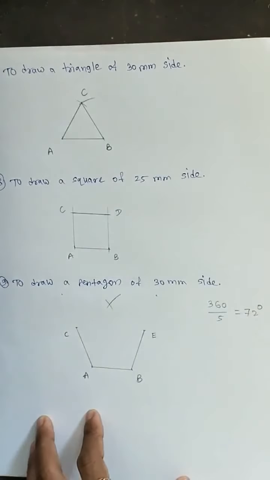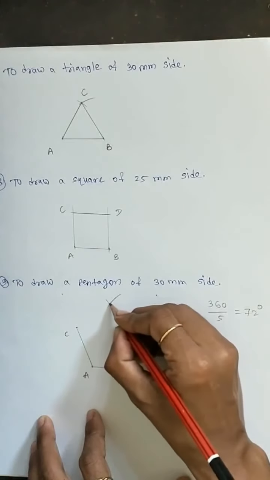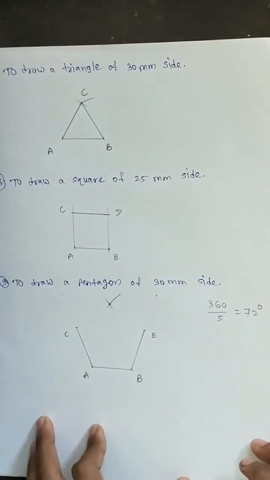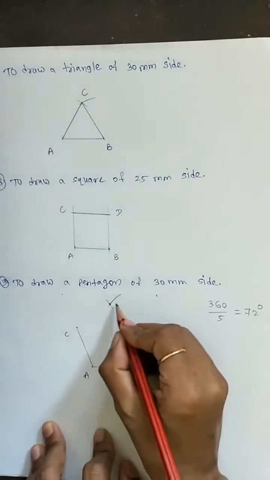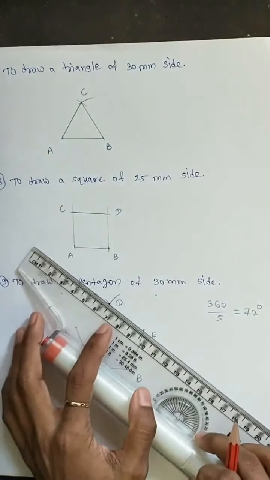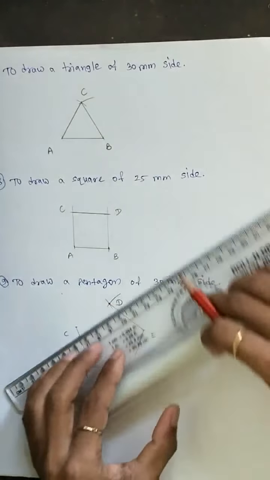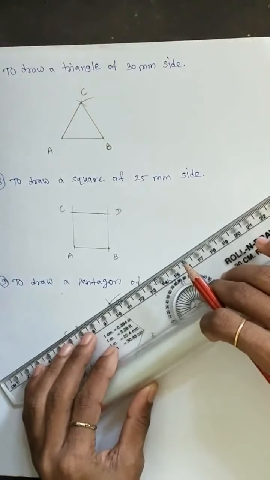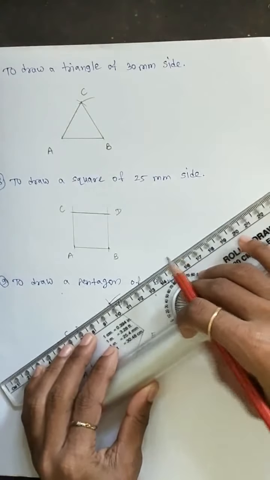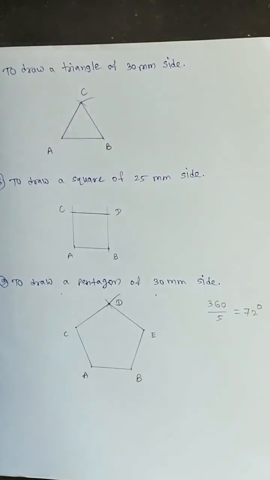So this point we have got, and give name to this point as point D, and join DE and DC. So in this way we can draw a pentagon.